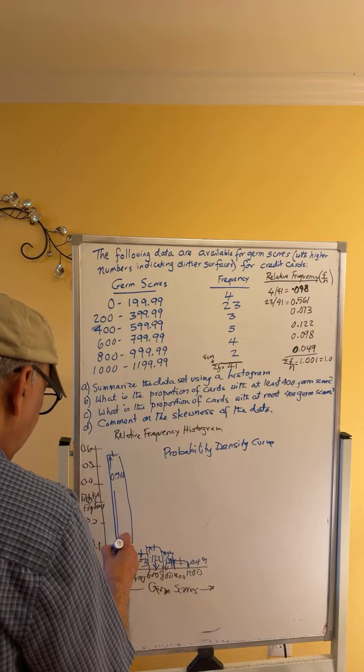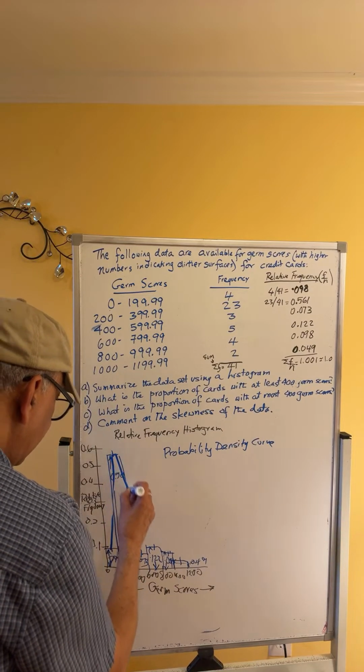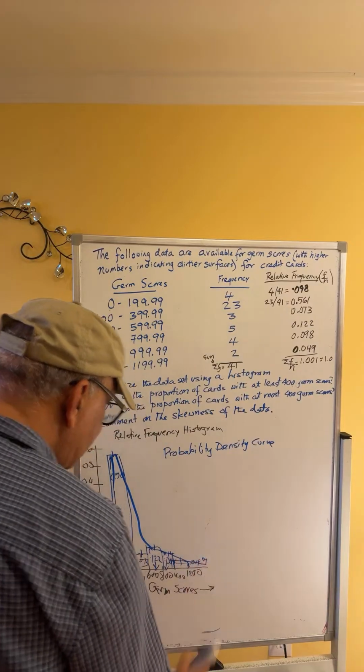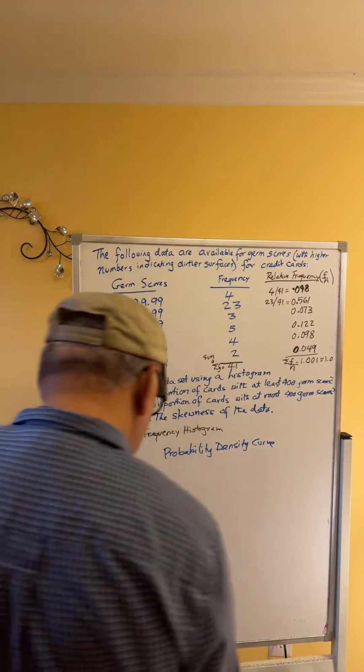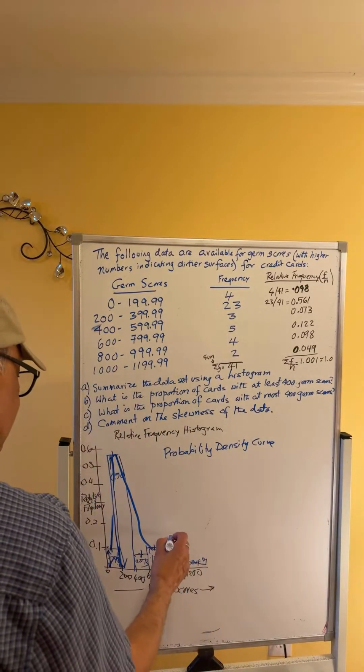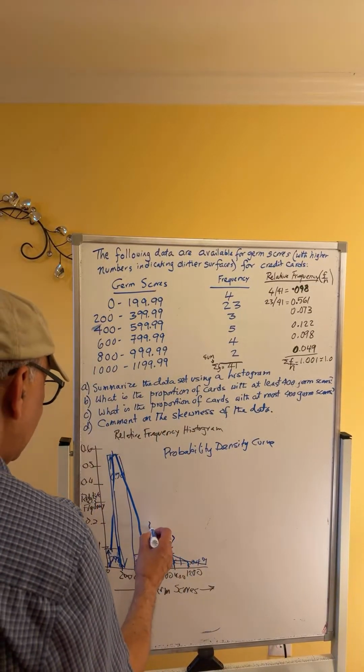Then try to draw a smooth curve connecting the middle of the roofs. You will not be able to connect everything, but you get the idea. As you can see, this has an extended tail on the right.